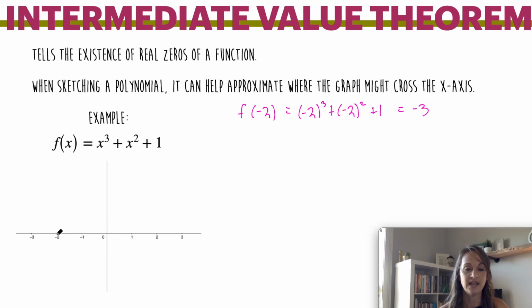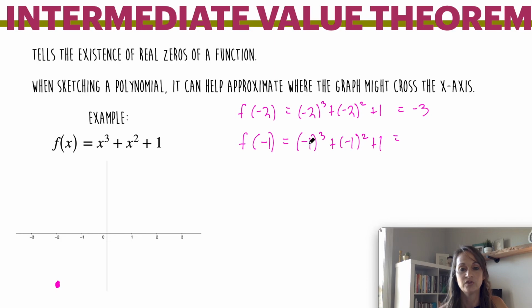So I know that at -2, the coordinate point's -3. I also know that if I plug in -1 into here, I will get -1 cubed plus -1 squared plus 1, which will give me -1 plus 1 plus 1, which will give me 1. So if I plug in -1, I will get the point 1.